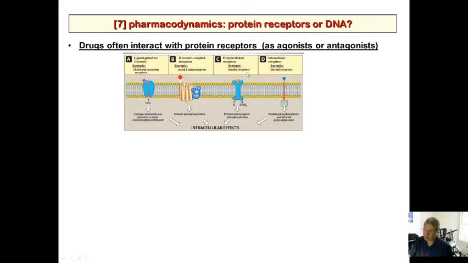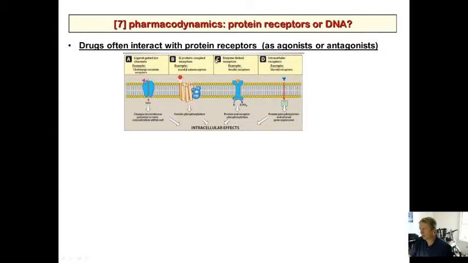There's a class of kinases called receptor tyrosine kinases, RTK, that do the same thing. There's a bunch of these that are drug targets for cancer.